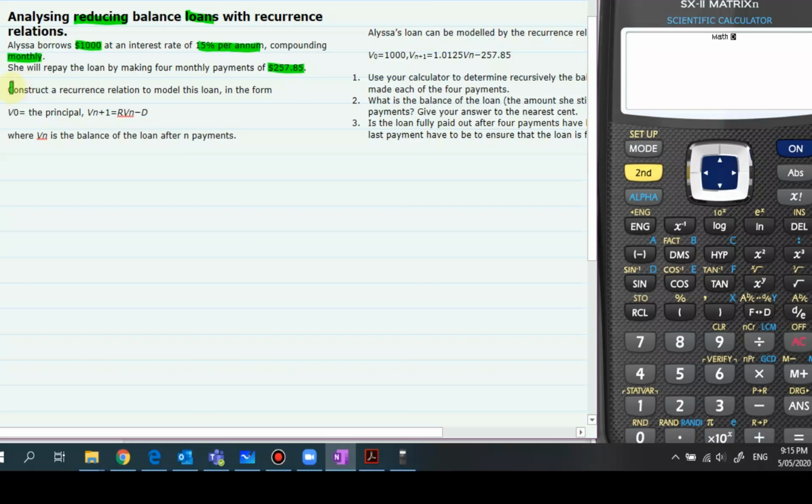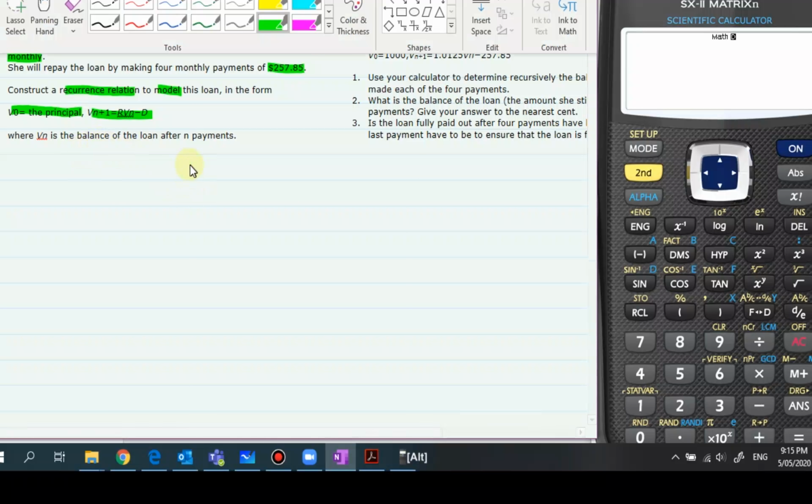All this first part of the question wants us to do is construct a recurrence relation to model this loan in the form you're given, so we should all be getting familiar with this at the moment. Vn is the balance of the loan after n payments.